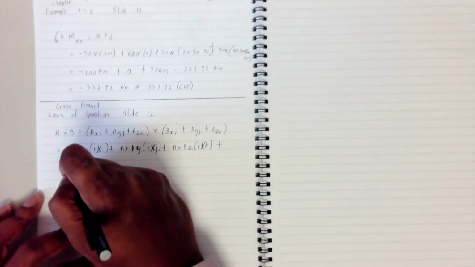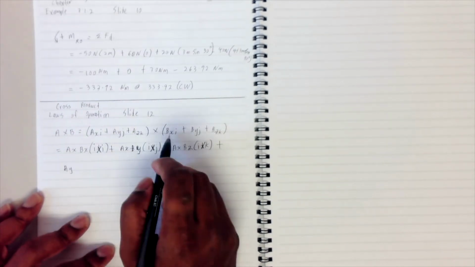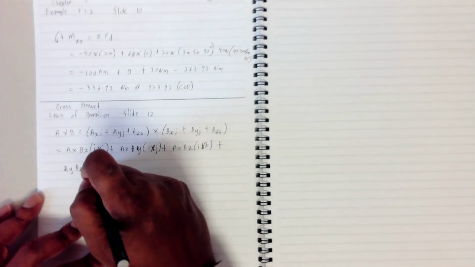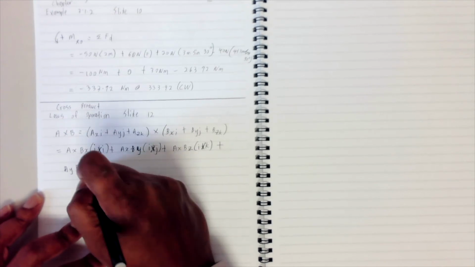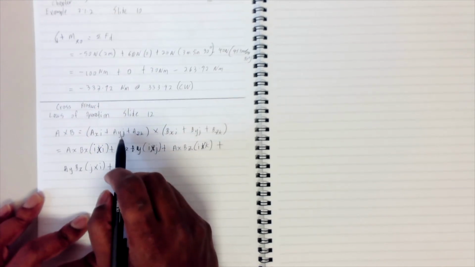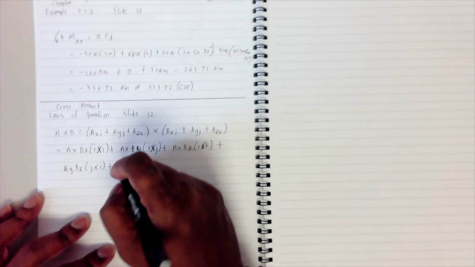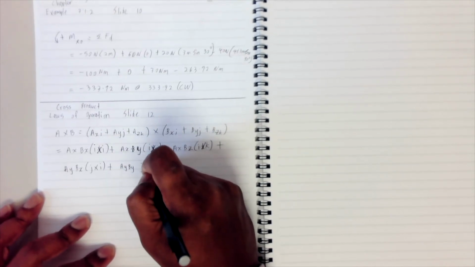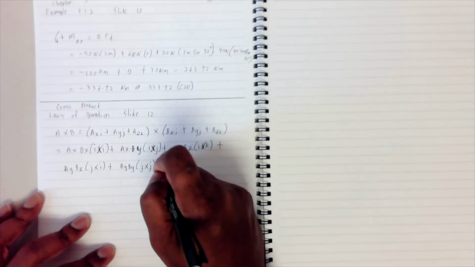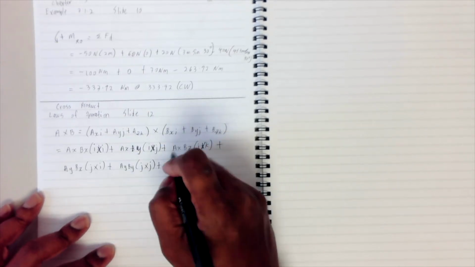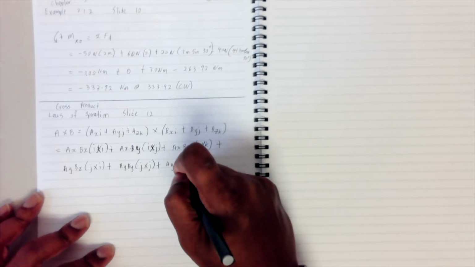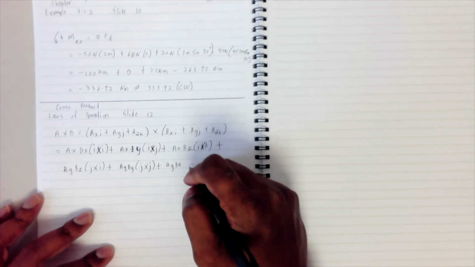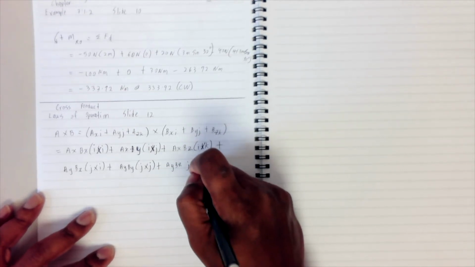a_y times b_x, so j times i, plus a_y times b_y, so here it will be a_y b_y, j times j. Then plus a_y times b_z, a_y b_z, so the value will be j times k.